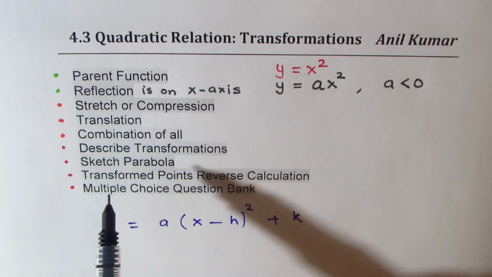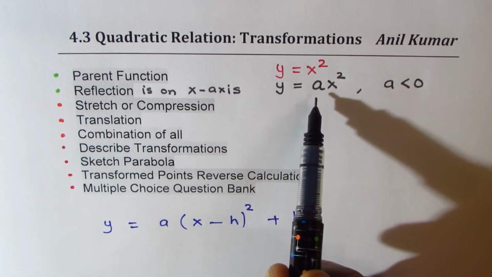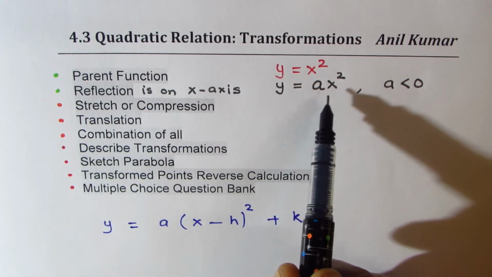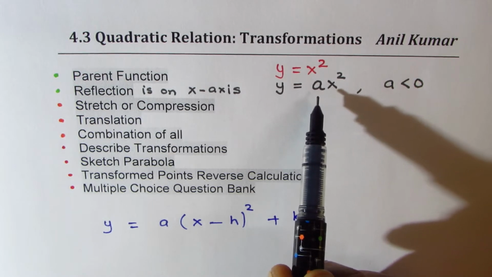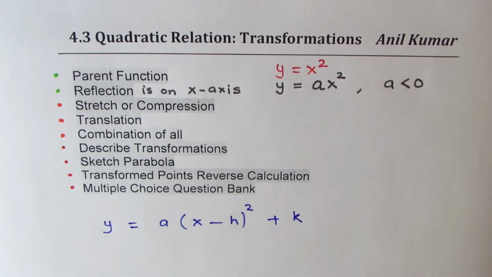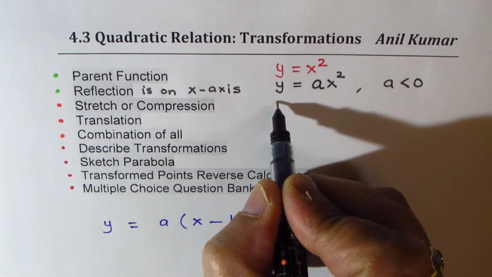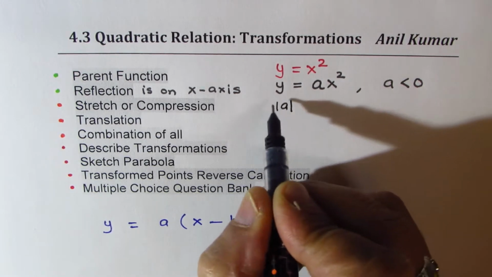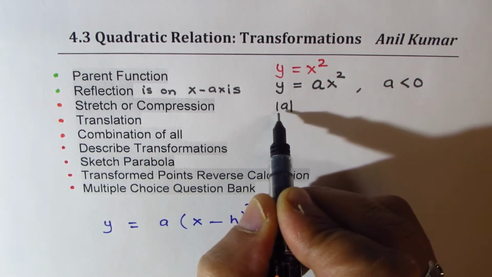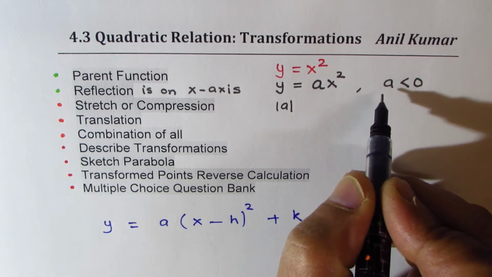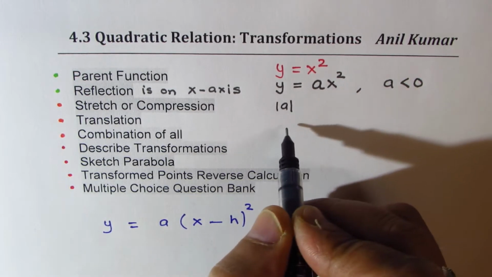Stretch or compression. Now in this simple equation y equals a times x square, the value of a could be greater than 1 or between 0 and 1. So let's take the case when a is, I'm taking the magnitude, leave aside the negative part, just the magnitude of a.